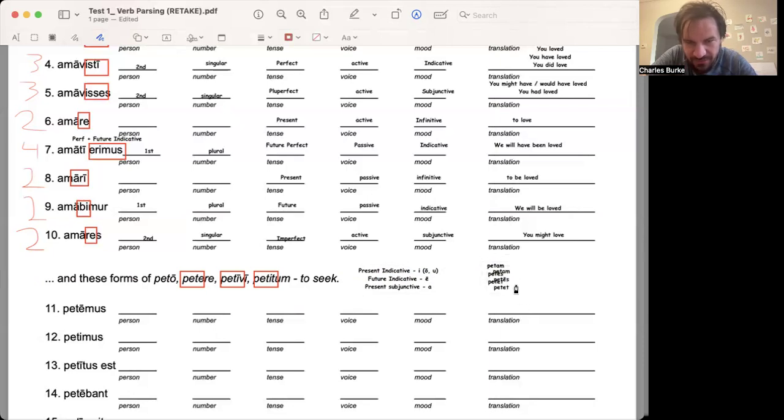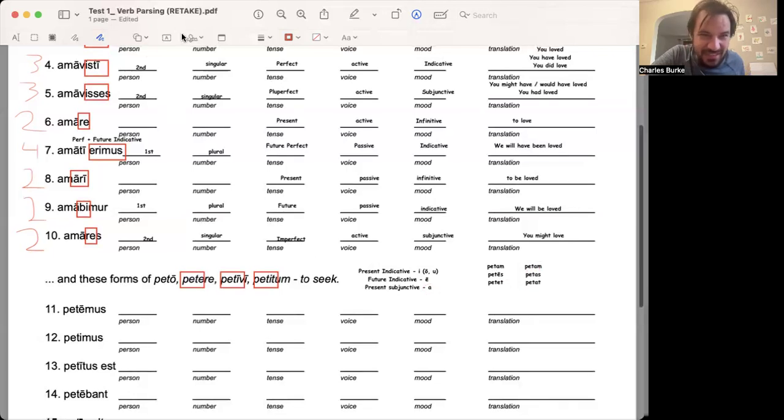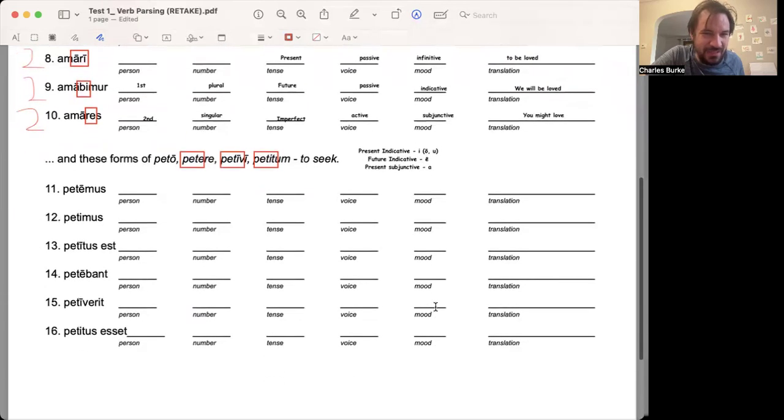And the present subjunctive is petam, petas, petat. Petam can be future indicative or present subjunctive. But let's not worry about that because either answer is valid. You're probably going to end up putting present subjunctive. I'm fine with that. I'm going to list both. I would like you to know it can be both, but there's a lot on this.